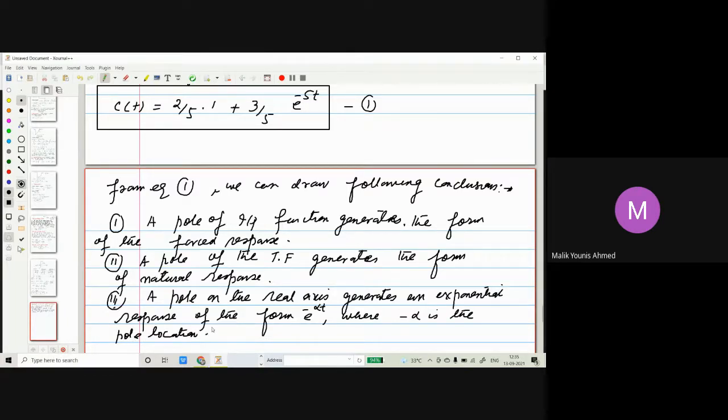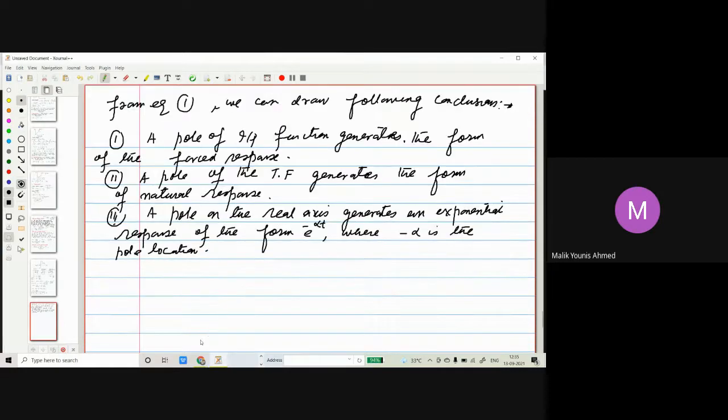On the real axis we get s plus 5 or s minus 5, whatever we are getting. Once we take the Laplace inverse, that generates an exponential response of the form we have seen just now, e raised power minus alpha t, where alpha is the location of the pole.